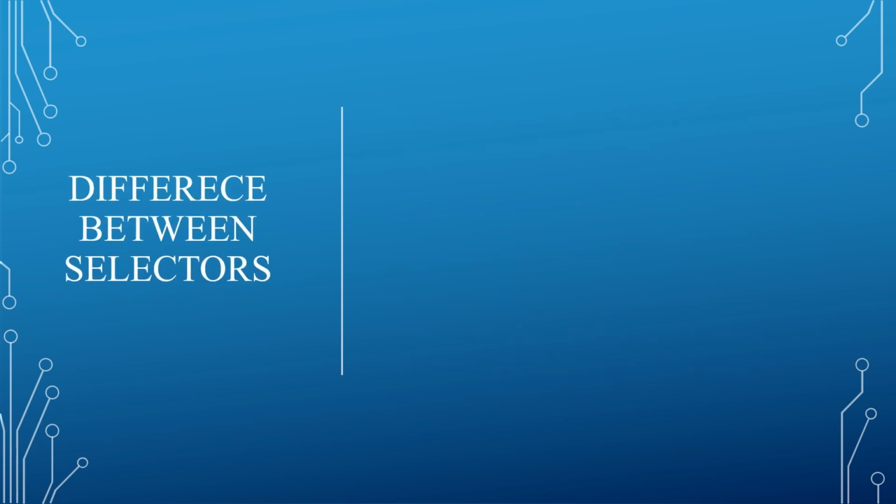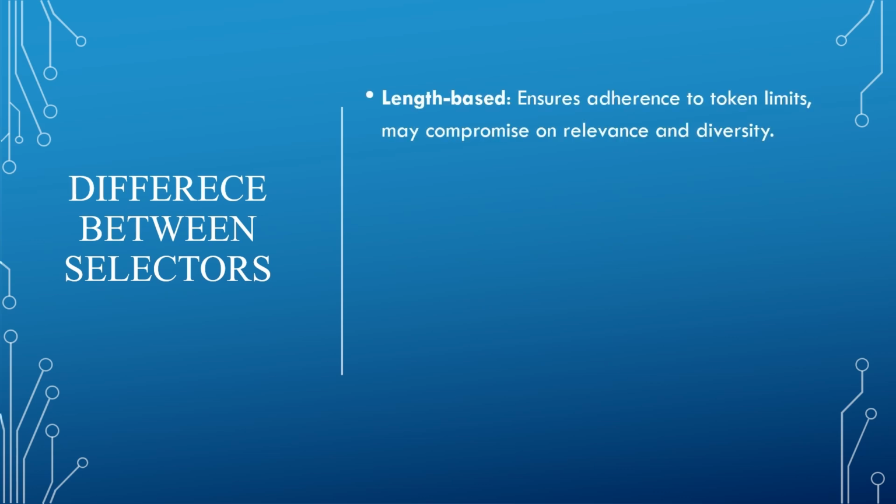Now let's summarize and discuss the differences between various example selectors. Length-based selector focuses on ensuring that the total length of the selected examples stays within a specified token limit.